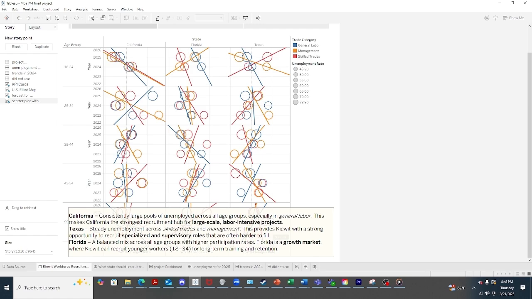If Kiewit can secure a steady, diversified workforce across age groups and trade categories, this would allow Kiewit to have a funnel of labor that comes into the company, which allows them to continuously build on the overall company. So overall, the 3 states that Kiewit should focus on recruiting from, and this is what I've gotten from the data and shown in my storyboard, are Texas, California, and Florida.